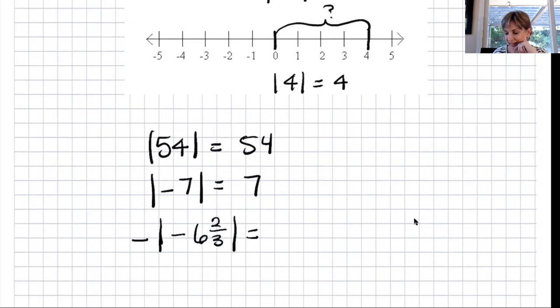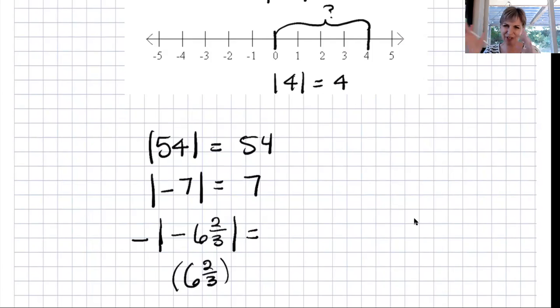Well, first let's just think about the absolute value part of that. What's the distance from 0 to negative 6 2/3? That distance is not negative 6 2/3. That distance is 6 2/3. So the absolute value of negative 6 2/3 is 6 2/3. This part right here is a positive 6 2/3.